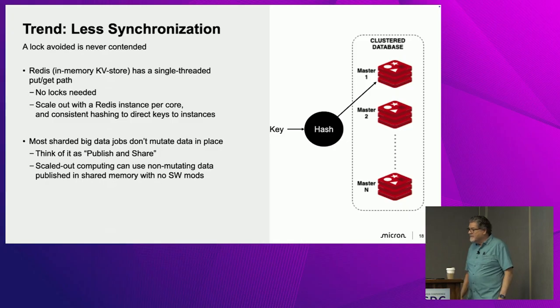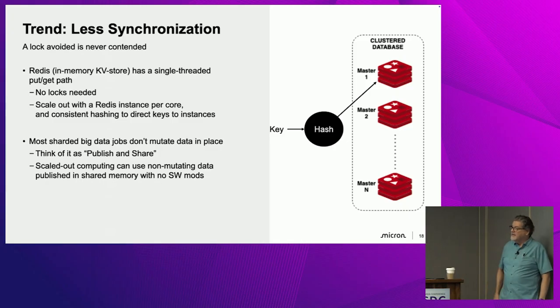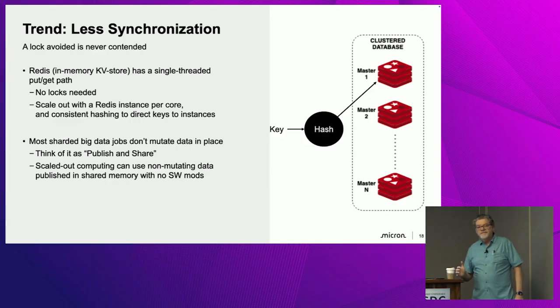I've got a slide or two on that, when the memory is actually disaggregated. But take Redis. With Redis, you don't scale up on one server by having 64 Redis threads on a 64-core server. What you do is you have 64 Redis instances, and each one's single-threaded.